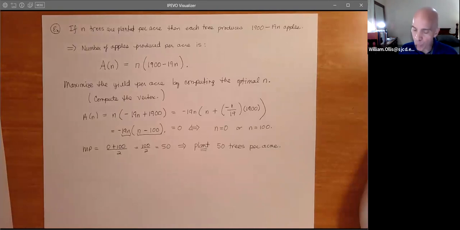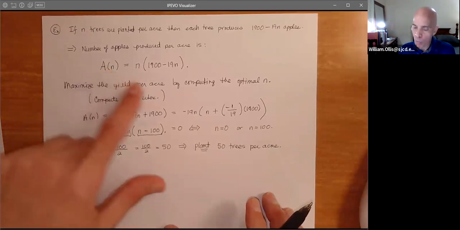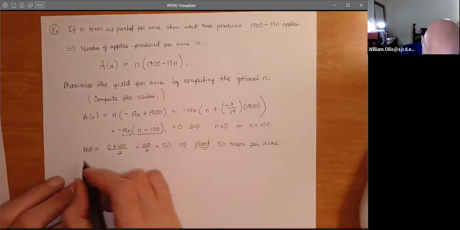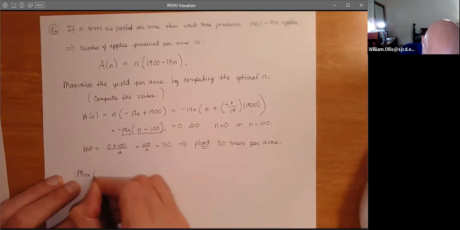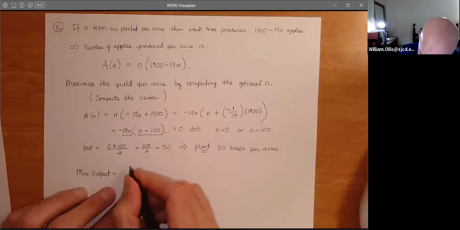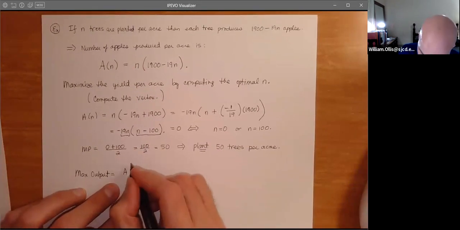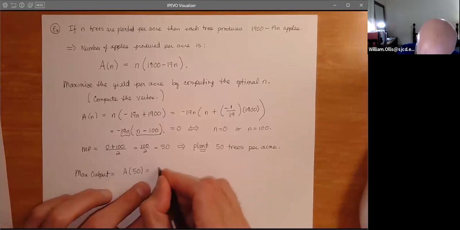So now we're thinking, okay, how do we get the maximum output? What's the output in this case? How many apples do we get? Well, let's just do the computation. So now, maximum output. And this just gives us A of 50, and I'll be able to set up that other problem. So we get 50.